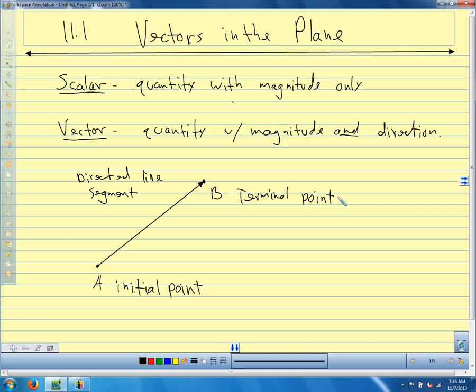And we say that any directed line segment with the same direction and magnitude is equivalent. It doesn't matter where they're located, as long as they have the same direction and magnitude, we say they're equivalent.